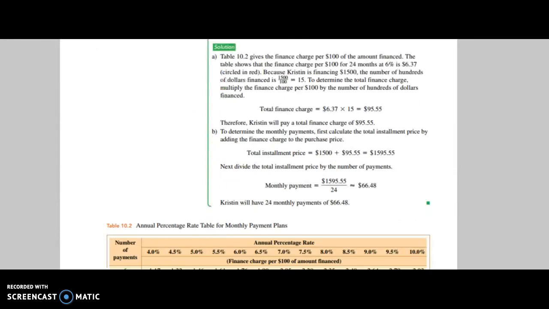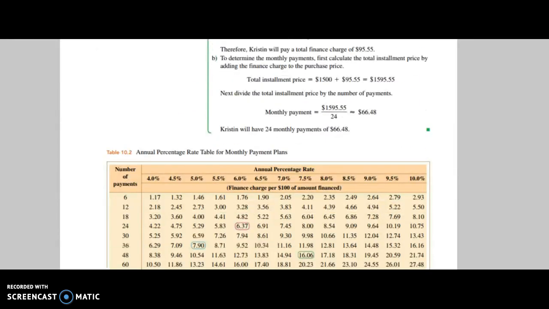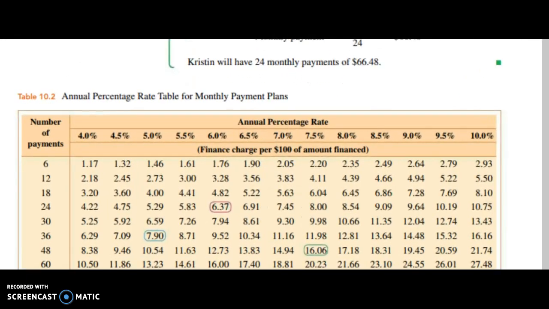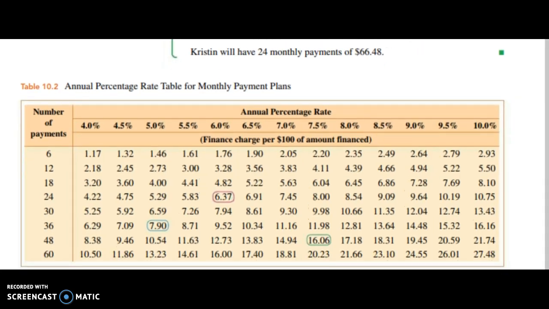Okay, this table is on page 593, and the percent that we found from our earlier calculations of the APR was 8.15%. And now what we have to do is use the rest of the information from the problem, which says that Ilga had 24 payments. And I don't know if you can see where I'm pointing. We find 24 payments here.